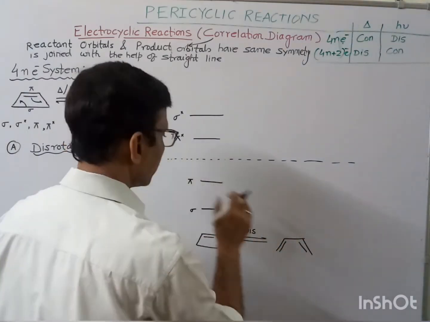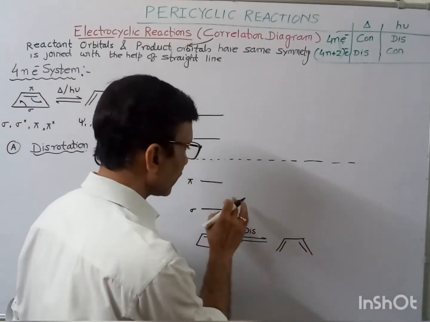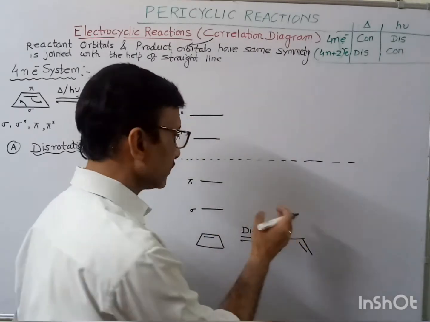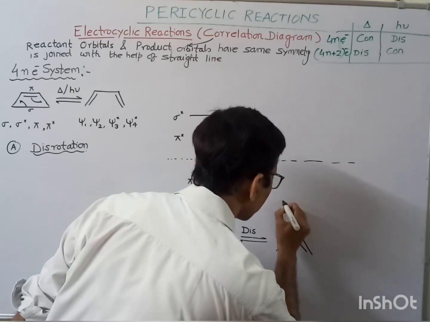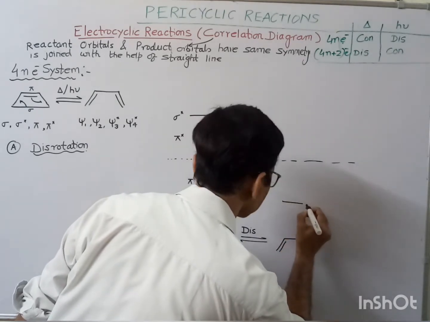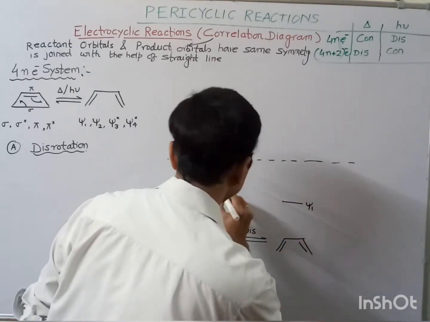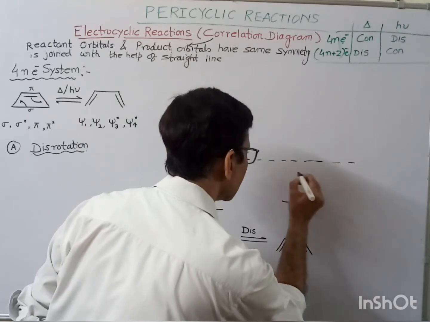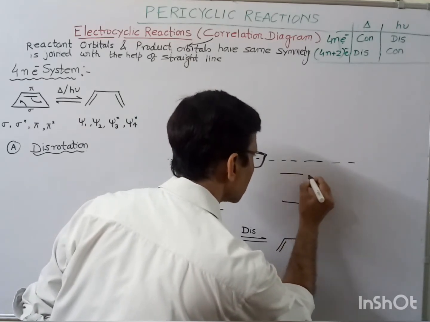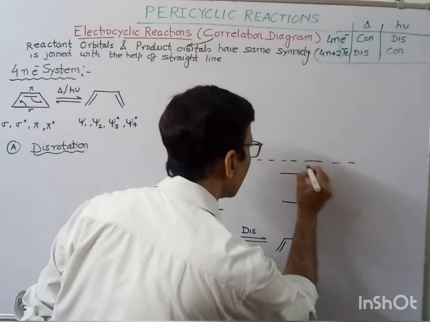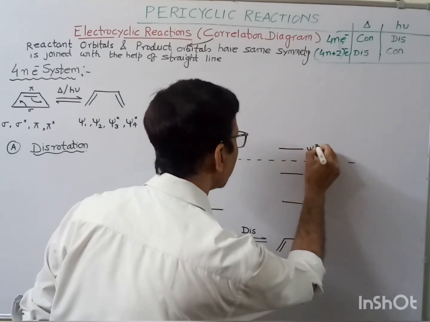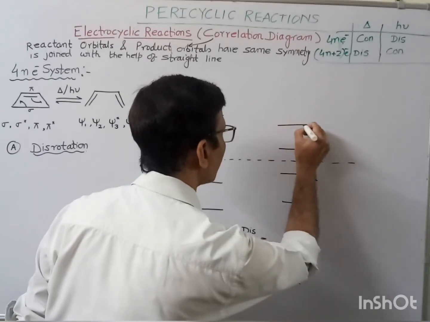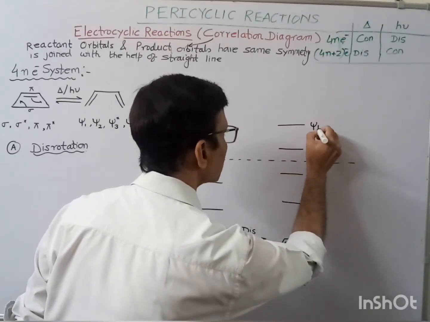Where should we draw the molecular orbitals of butadiene? At which energy level should psi1 be drawn? I will draw psi1 over here. This is psi1, this is psi2, this is psi3 star, and this is psi4 star.